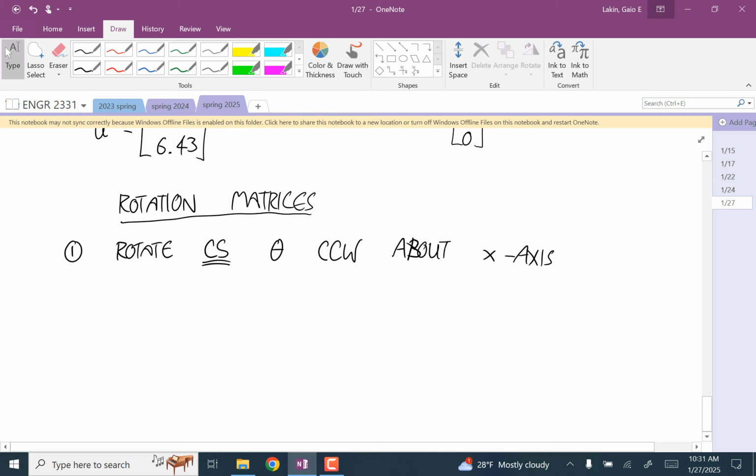The rotation matrix that does that is capital Q, and it's equal to 1, 0, 0, 0, cosine theta, sine theta, 0, negative sine theta, cosine theta.